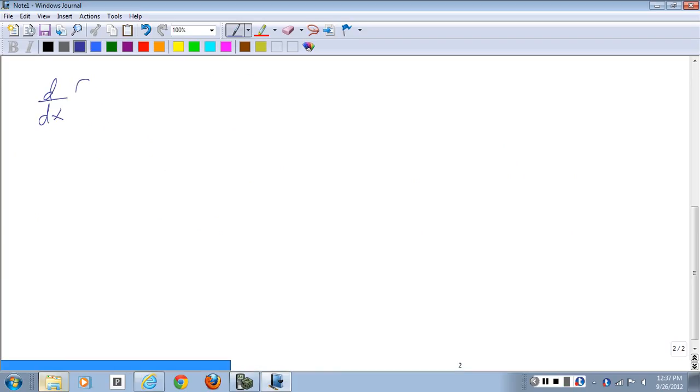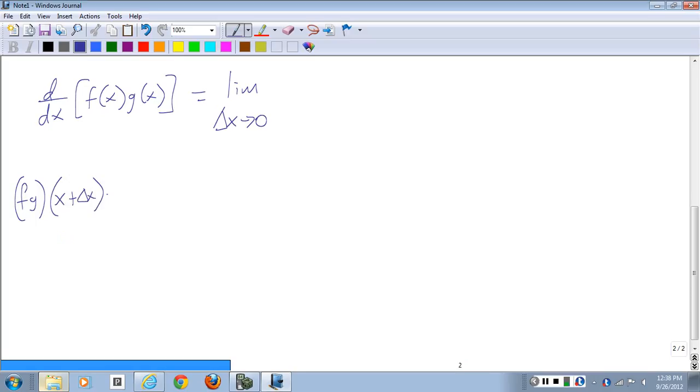d/dx of f of x times g of x. If we use the limit definition, this is the limit as delta x approaches 0 of, if we think of this as fg of x, if we were to evaluate fg at x plus delta x, the way we would do that is to say that's f of x plus delta x times g of x plus delta x.